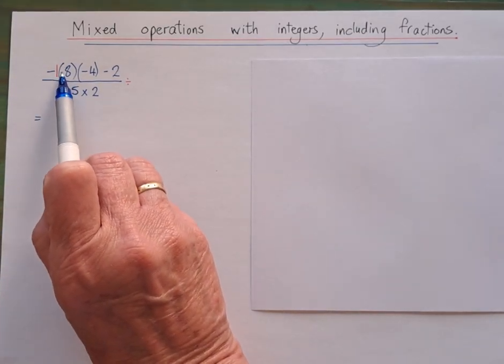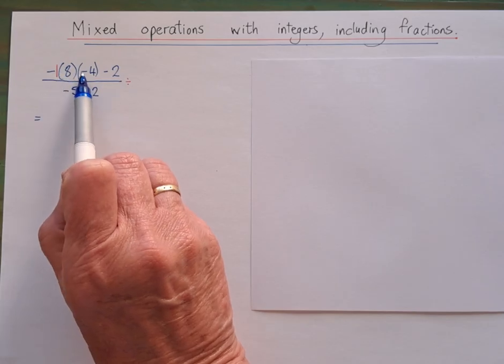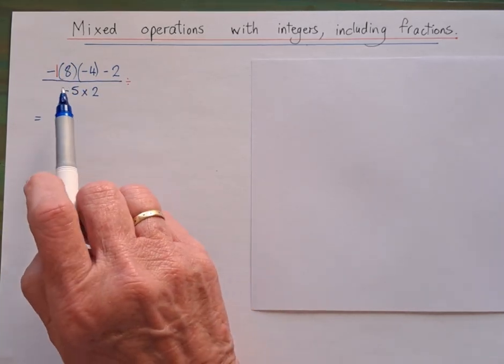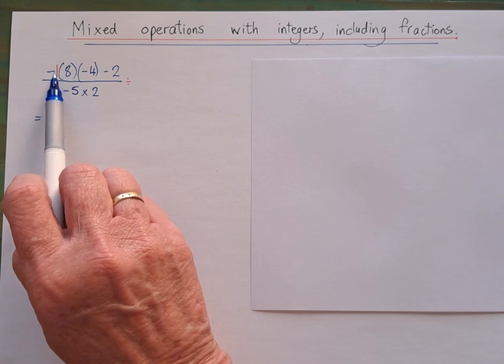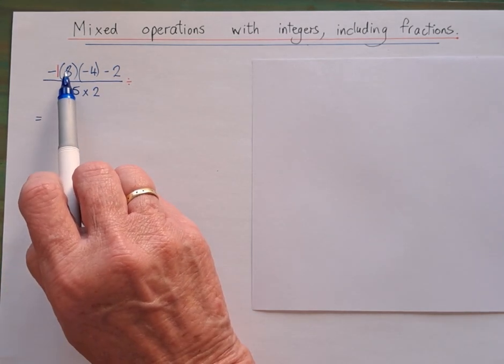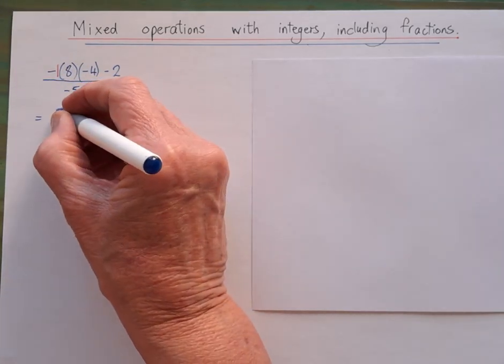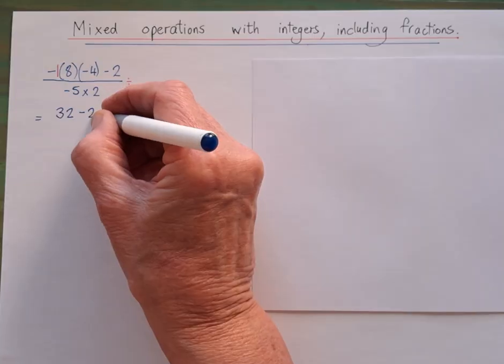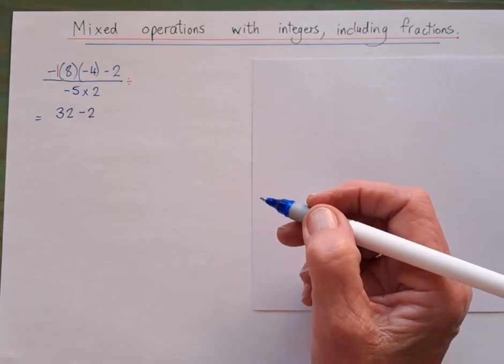Negative times positive is negative, and then negative times negative is positive. So I don't need to write a sign down. When we're multiplying by 1, the value doesn't change, so we don't even worry to say 1 times anything. 8 times 4 is 32. And then that minus 2 needs to be brought down because we haven't used it yet.